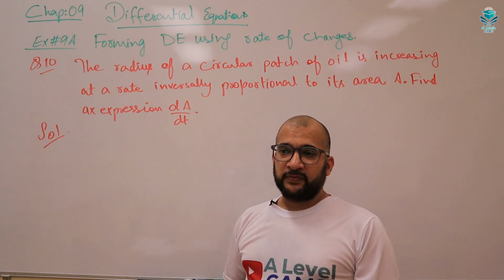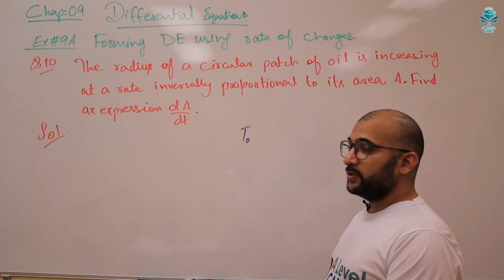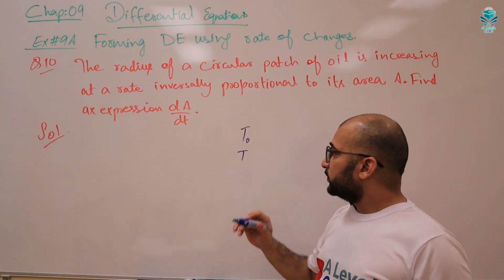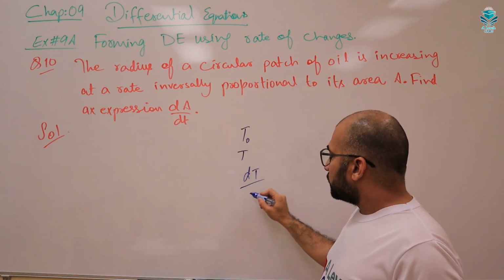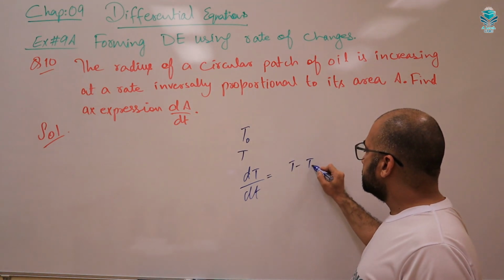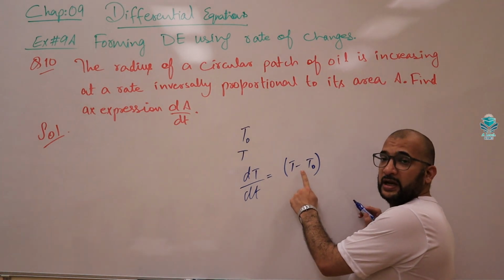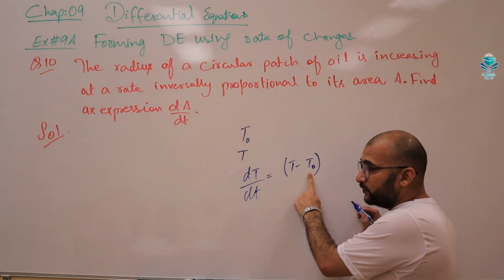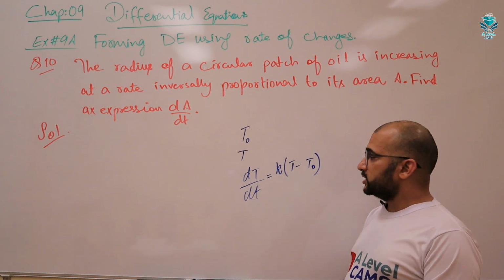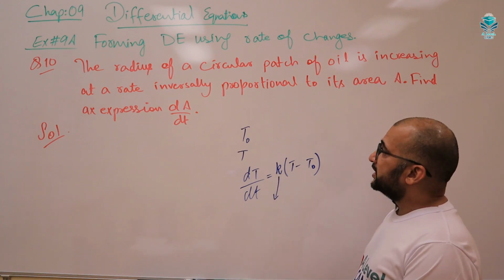For example, let T naught be the temperature of the cup of coffee and T be the temperature of the surrounding. The differential equation of this one will be T minus T naught, the difference between the surrounding temperature and the temperature of the cup of coffee, equal to a constant multiplied by it. This constant is the constant of proportionality.